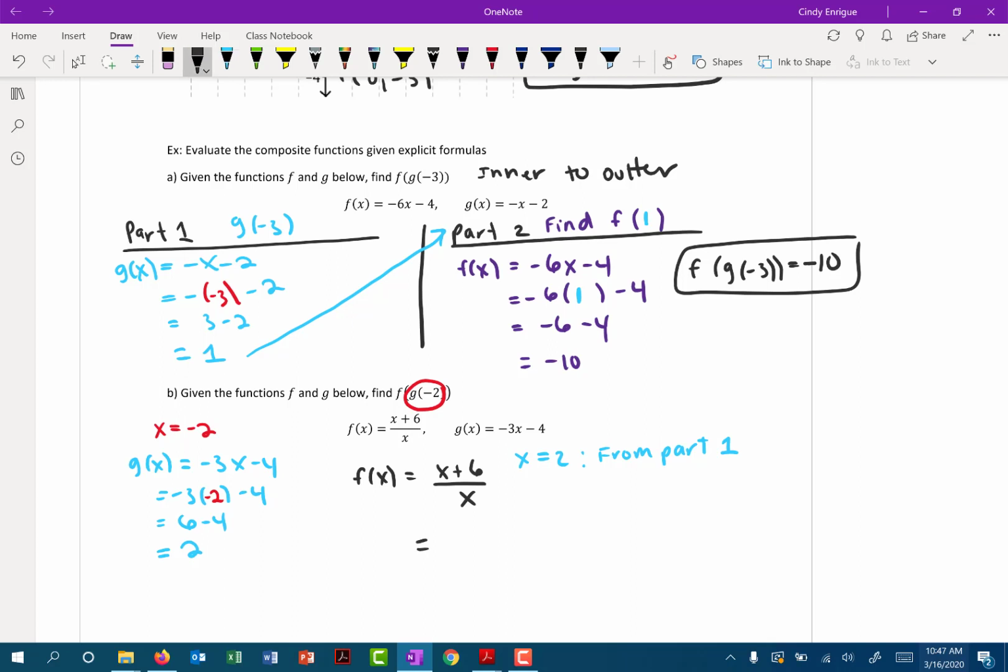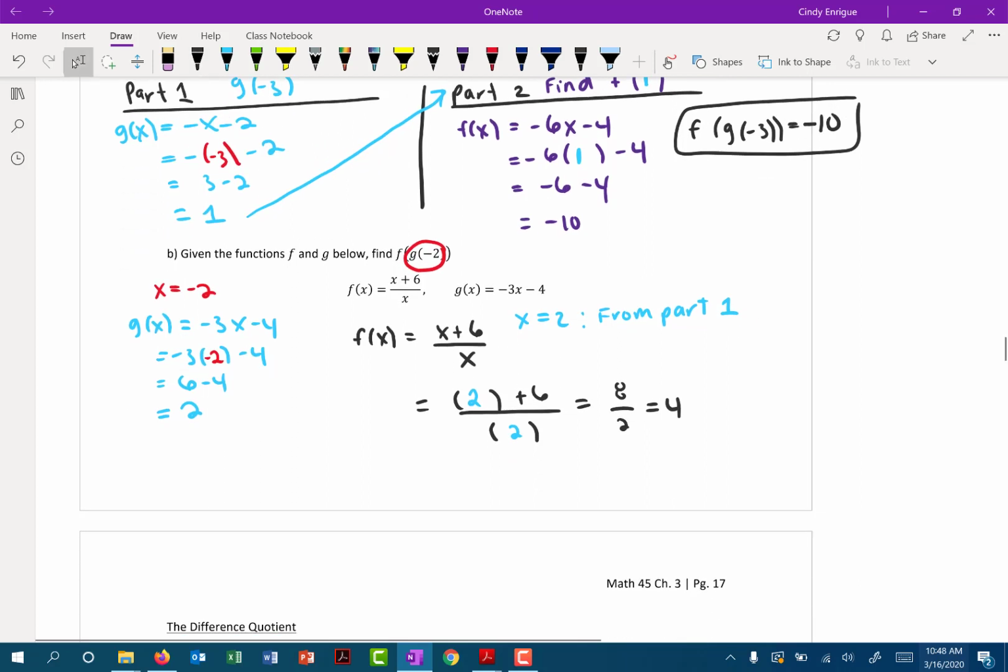So now I have x plus 6 over x, and that value I'm plugging in is 2. So this is 8 over 2, which is 4. So my answer is that f of g of negative 2 is equal to a positive 4. And that's my final answer for that one.